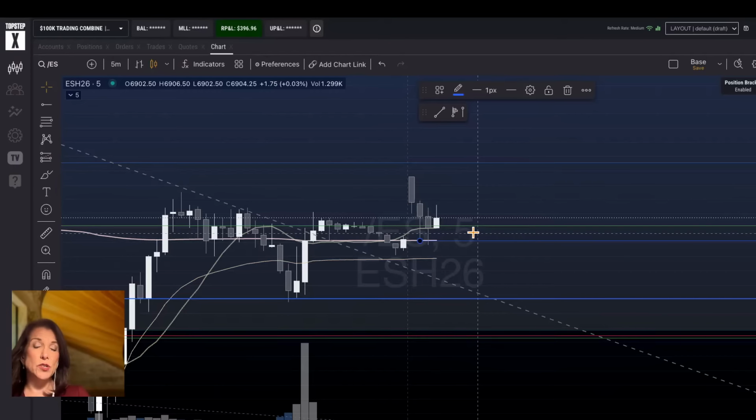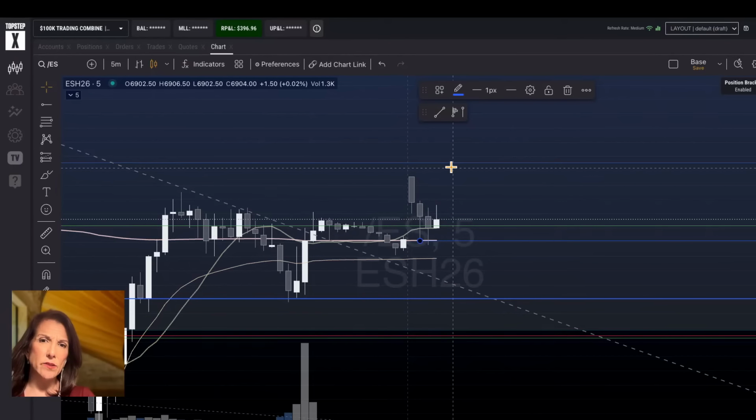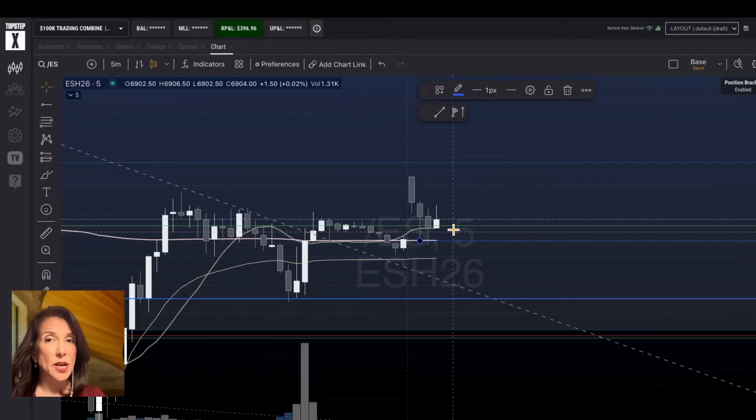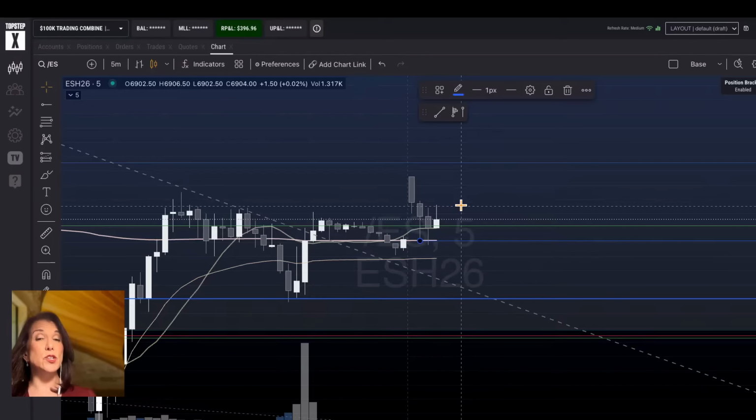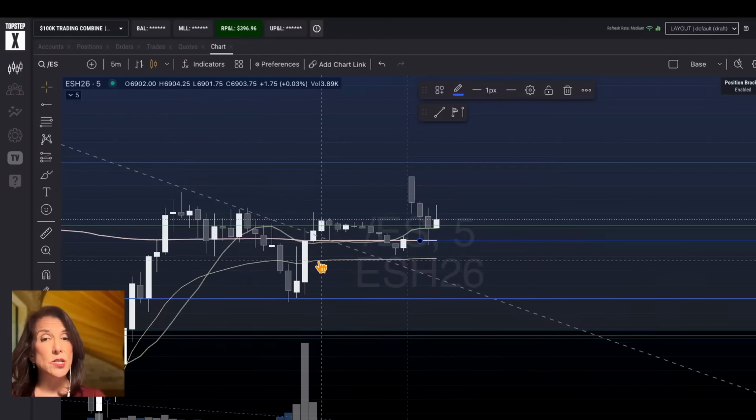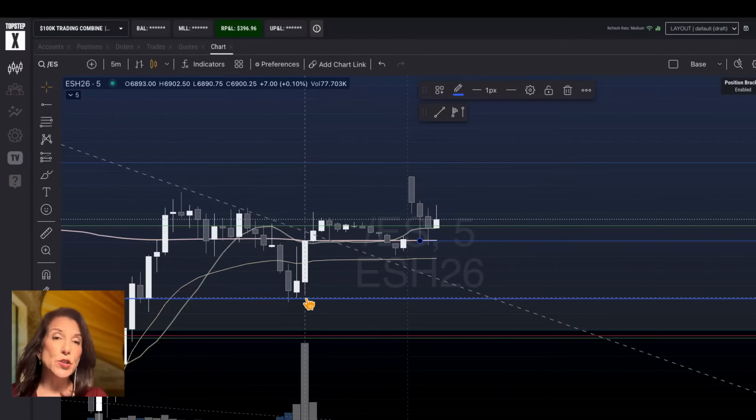If you're thinking to yourself, I like this long, then you're welcome to take a long right there into whatever you think. If you think, hey, this is a short and it's going to go back into my lower edges, also you can do that.